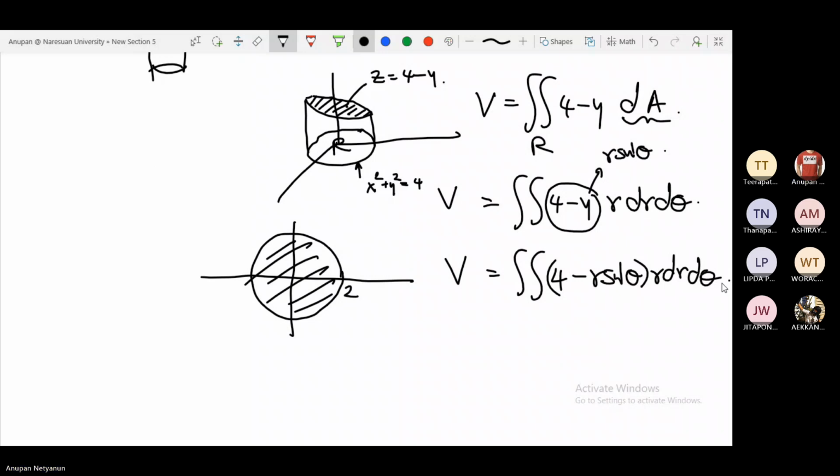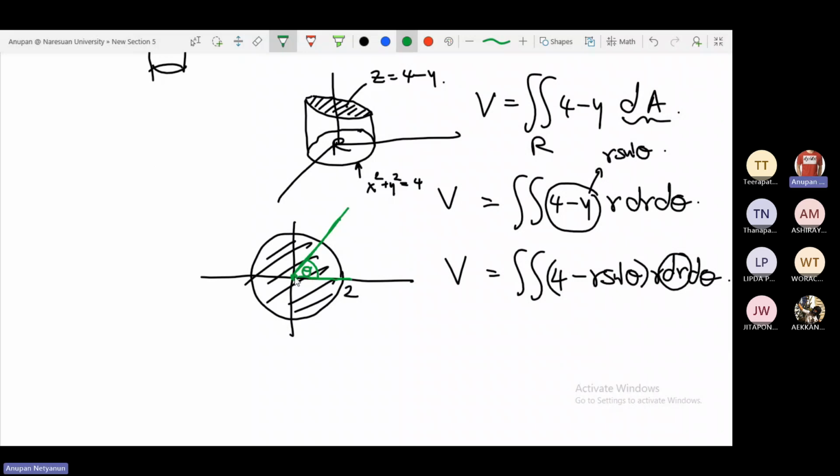Okay. Then you are going to find the running numbers for r, right? So when you want to find the running number for r, you're looking at a fixed angle theta. So let me look at this angle theta. You can see that from this angle theta, you get a line, right?